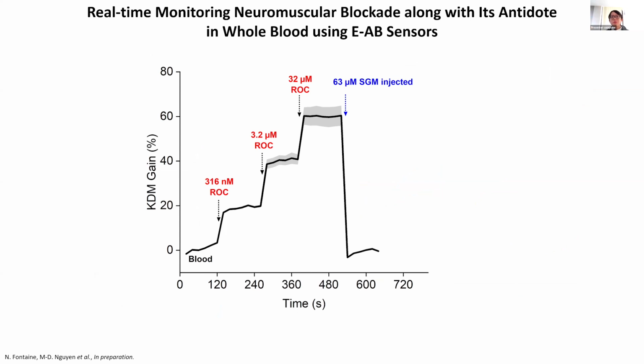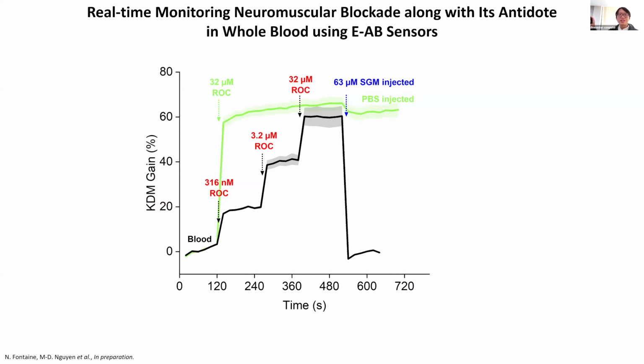Then we injected the antidote, and we saw the response going back to the baseline. This means we can use the sensor to measure the rocuronium concentration and also determine the antidote dose. I did another control where I just diluted the solution with PBS without the antidote, and we observed minimal changes in response.